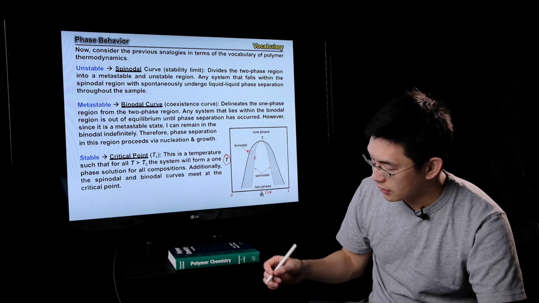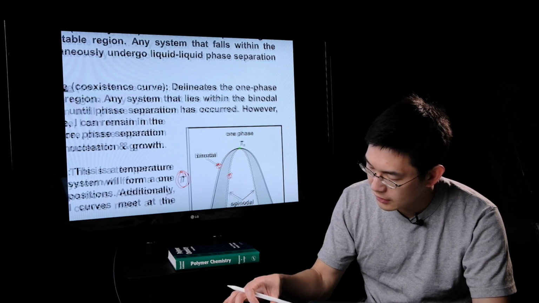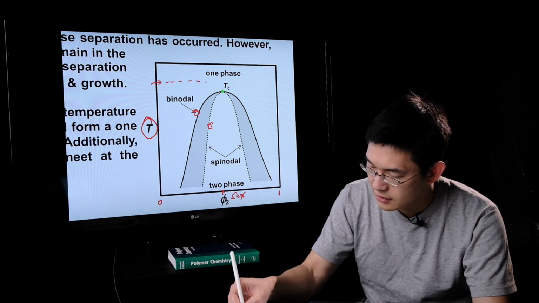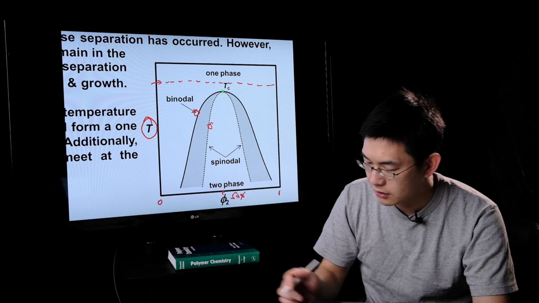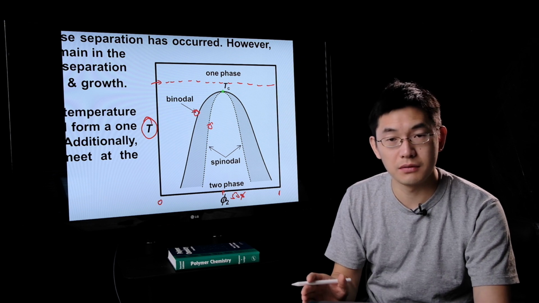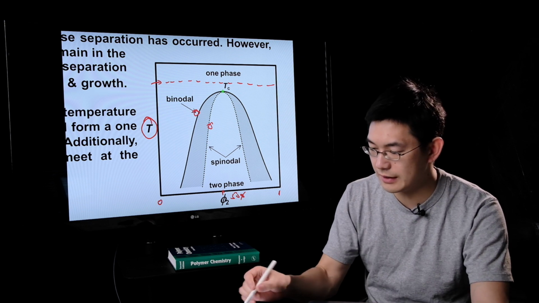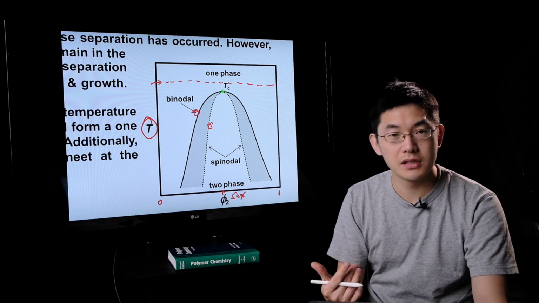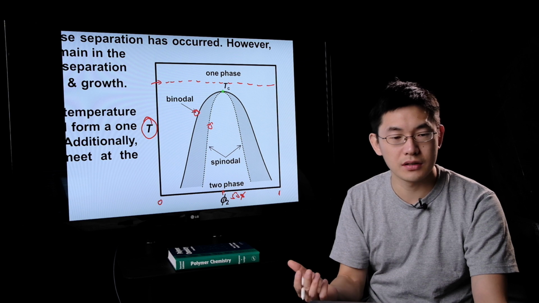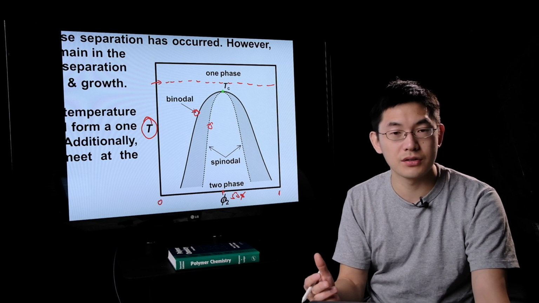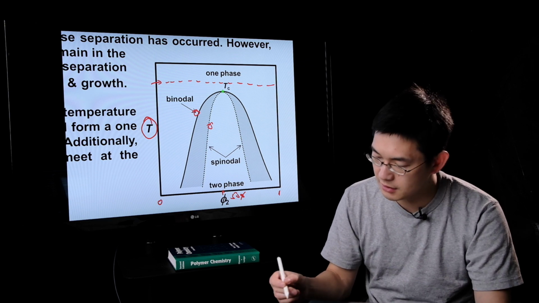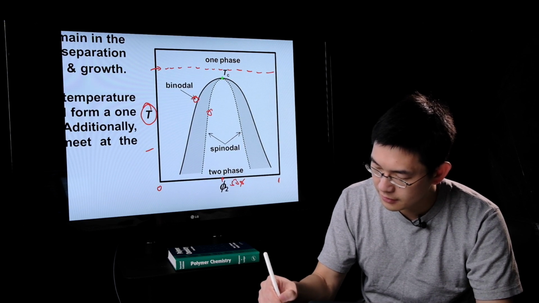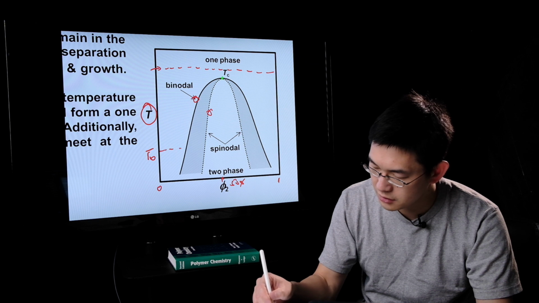As you can see here, if I draw a line above the TC going from left to right, at all concentrations of polymer from 0 to 1, I'm always going to sit in the one phase state. That means I will always be dissolved, and no matter how much concentration I put in, my system is always happy. There's not going to be phase separation. But let's take another case where you have T0, which is a lower temperature.